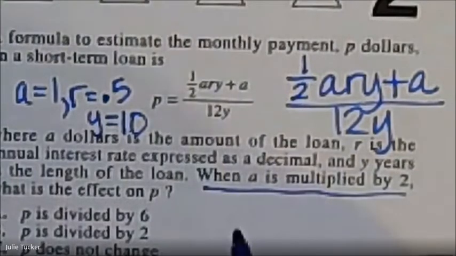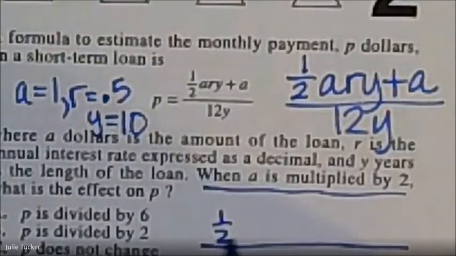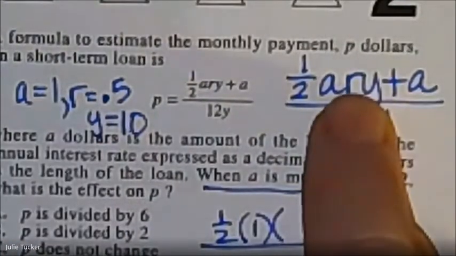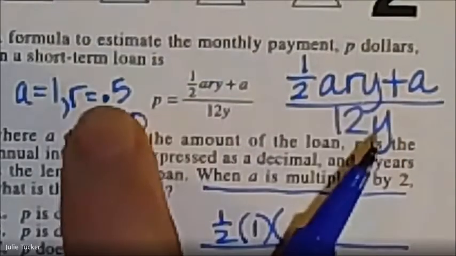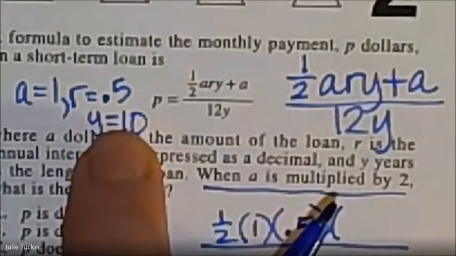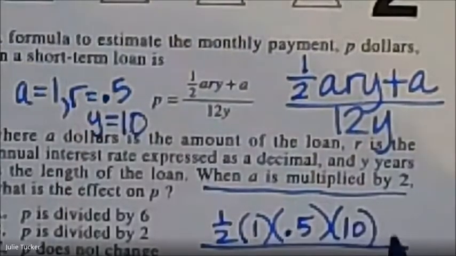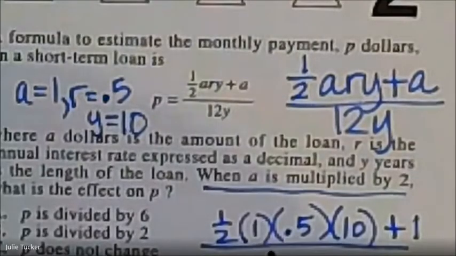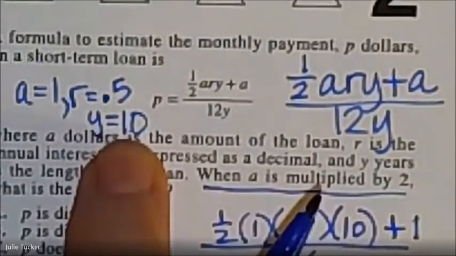So we're going to put 1/2 times 1 times the R is 0.5 times the Y is 10 plus the A is 1 all over 12 times the Y, which is 10.